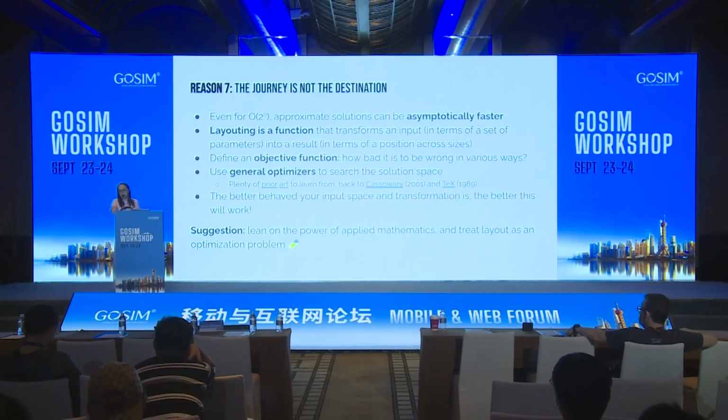And it turns out that approximate solutions can be asymptotically faster than exact solutions to the same problem, even on exponential things.